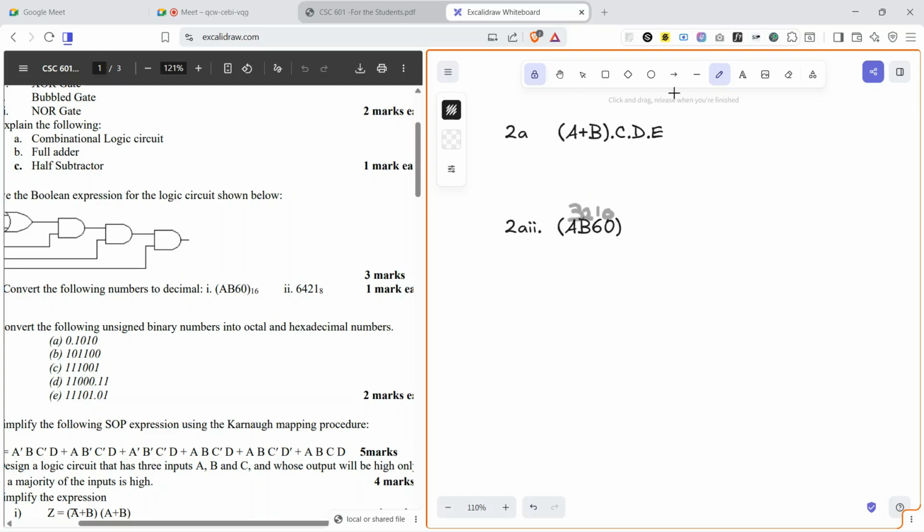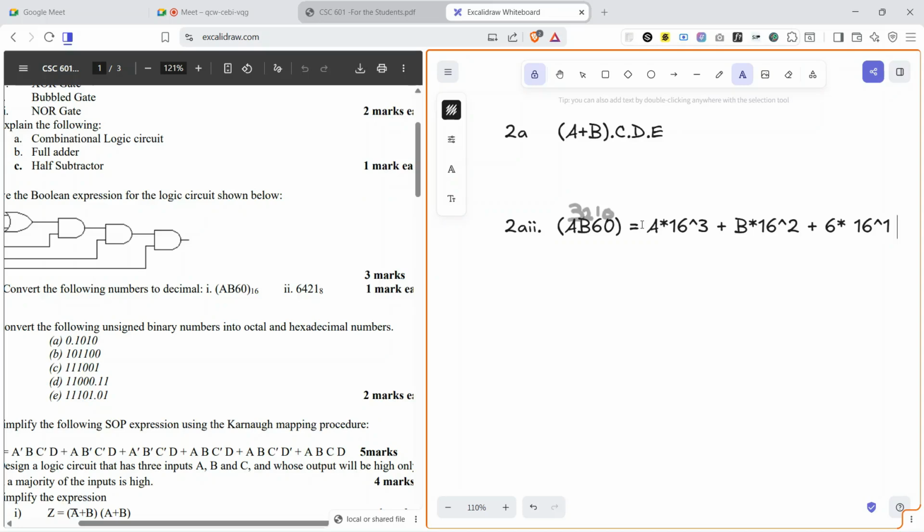Then remember that it's already in base 16. So this would be equal to A times 16 raised to power 3, plus B times 16 raised to power 2, then plus 6 times 16 raised to power 1. The last one will basically be 0, because that is 0 times 16 raised to power 0.